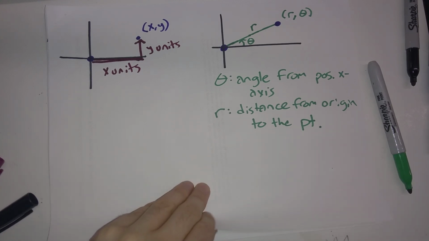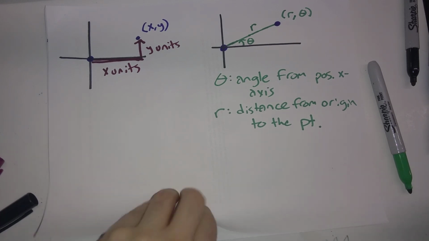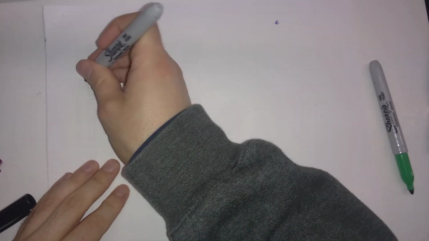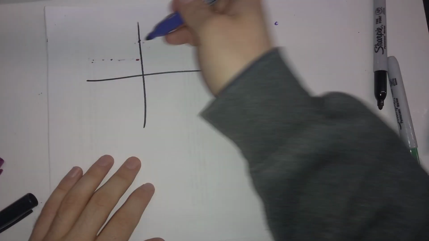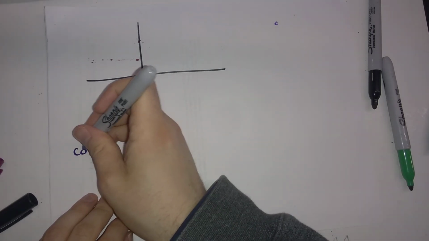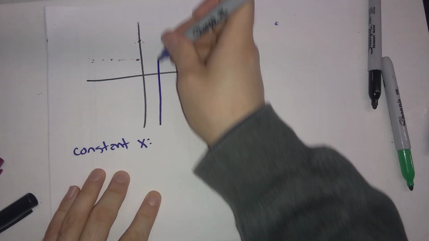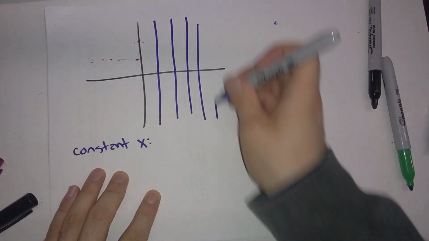Some observations here as we get going. Again, let me draw some axes here. So if I were to ask what lines have constant x, let me draw them in this blue color. Constant x is going to be, here's x is 1, here's x is 2, here's x is 3, x is 4.